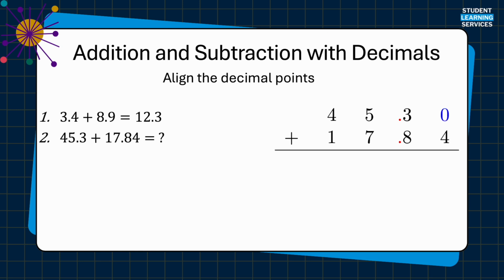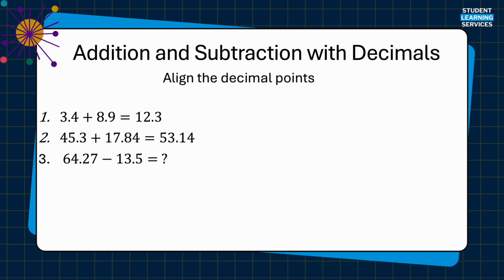Now we're just treating this as 4530 plus 1784. The answer should be 5314. So 45.3 plus 17.84 is equal to 53.14.